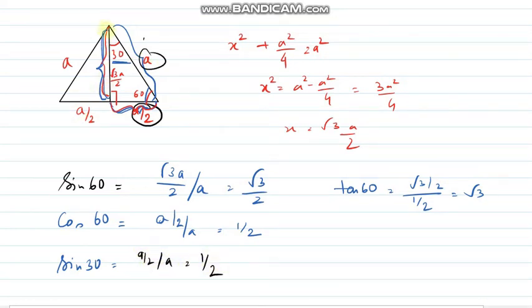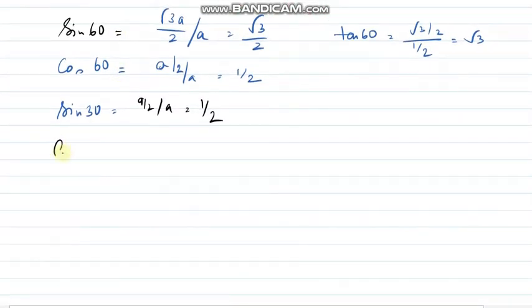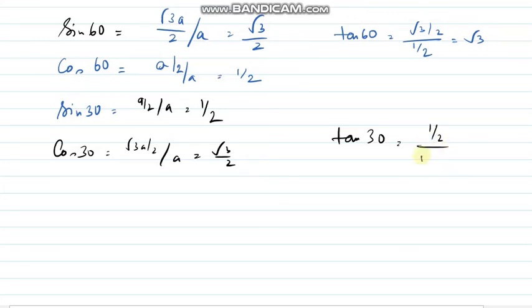Cos 30 will be, adjacent side is root 3a by 2, so cos 30 will be root 3a by 2 divided by a, which is equal to root 3 by 2 only, and tan 30 will be 1 by 2 divided by root 3 by 2, answer is 1 divided by root 3. So from this triangle you can find the values for 30 and 60.